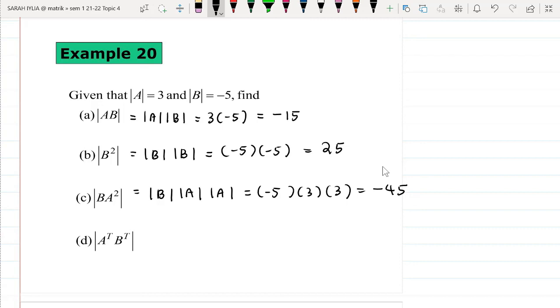And then last one, determinant of A transpose B transpose would be determinant of A transpose times determinant of B transpose. So by using properties, transpose to determinant dia sama je dengan original. So this would be equal to determinant of A times determinant of B. So sama jawapan dengan question A, negative 15. Okay, that's all for properties of determinant.